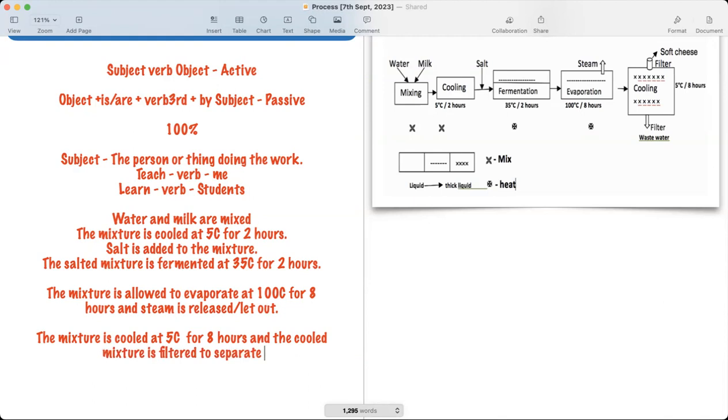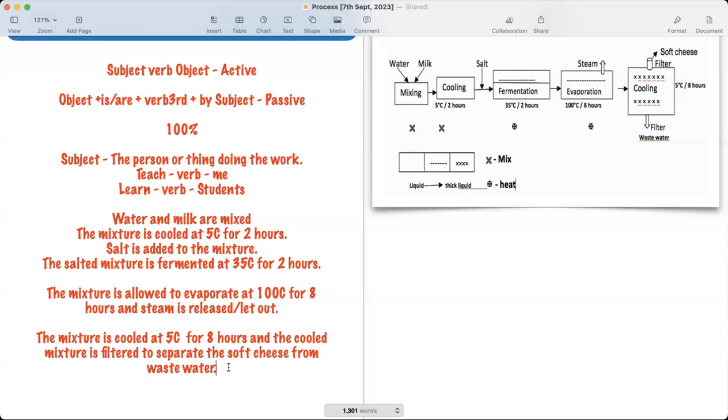Soft cheese. Yes. Soft cheese from wastewater. Very good. That's it. You picked the right verb, separate. A filter separates two things, so the waste gets separated from the main thing. The main thing is soft cheese from the wastewater. To separate the soft cheese from the wastewater, we could have written like that. Is it clear now?